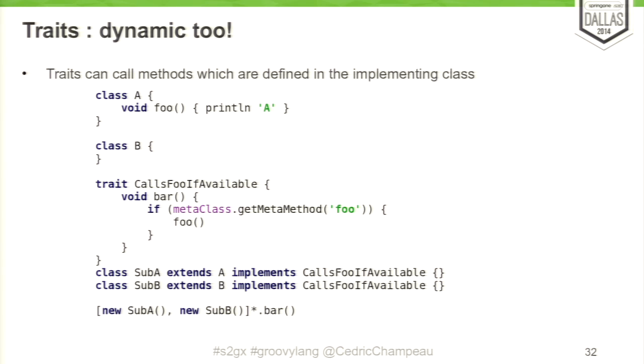So the object that will implement the trait has a metaclass, and I can check if it has a method called foo. So now I can define two classes. The first one extends A that defines the foo, the second one extends B that doesn't. And if I do that, it works. It will just call the foo method only on the first object.